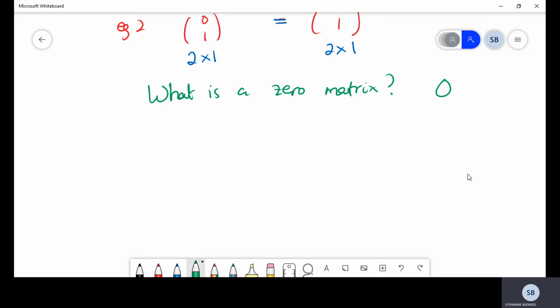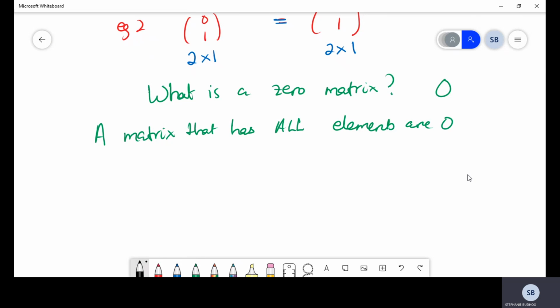So basically, a zero matrix is simply a matrix that has all elements being 0. So for example, if I were to open the brackets to start and I had a regular 2 by 2 matrix, it would mean that the 2 rows and 2 columns would all contain zeros.